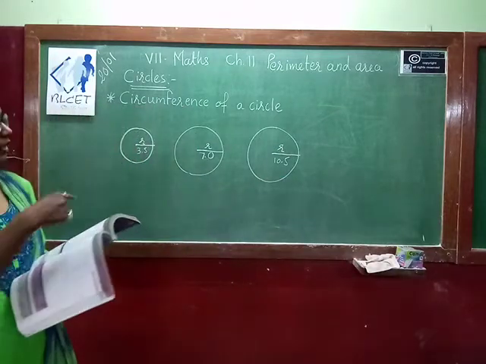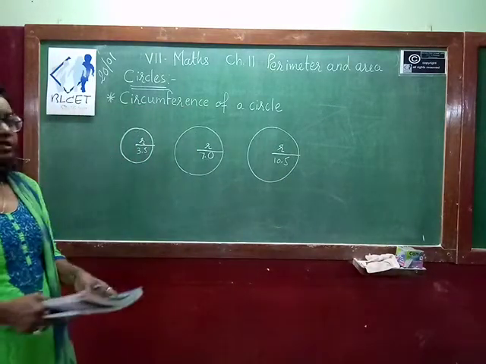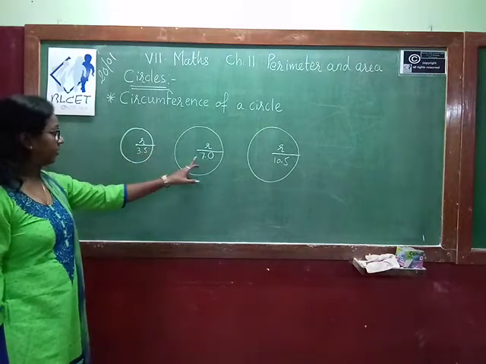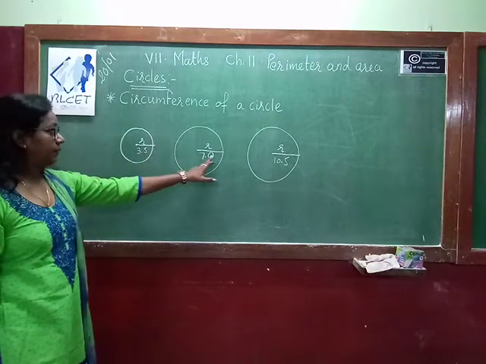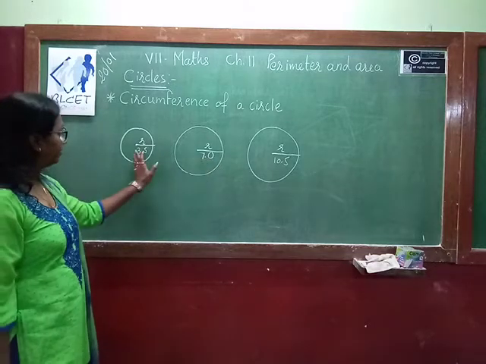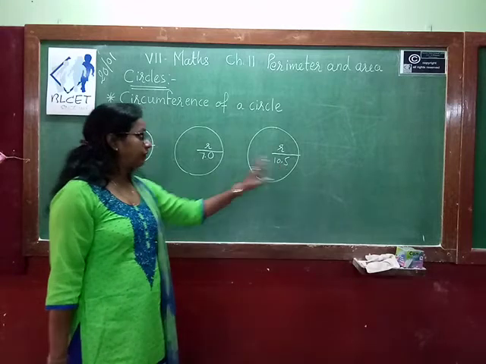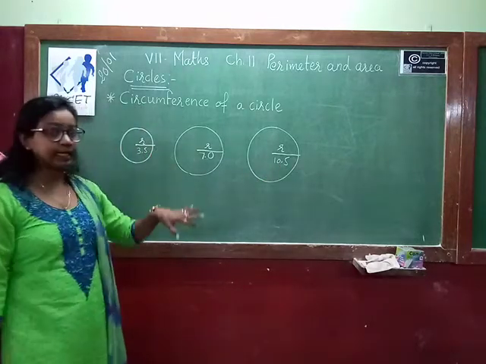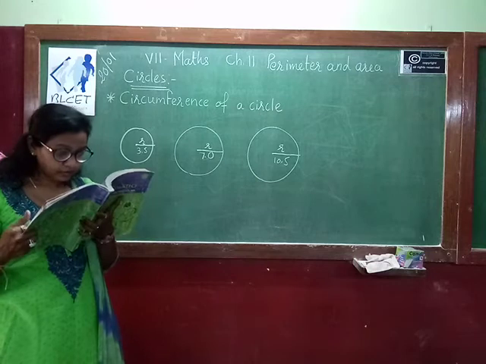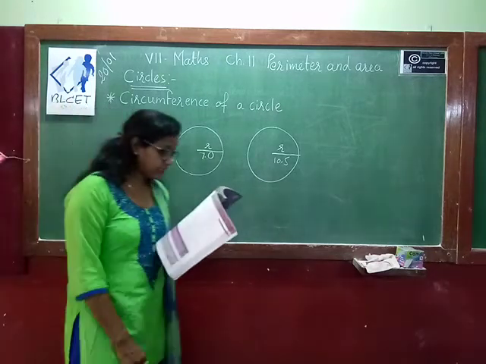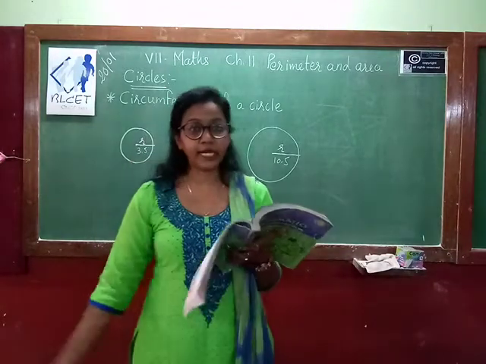This way you can draw the total 6 circles. 3.5, then double of that, 7.0, again 3.5 plus 7 you get 10.5. To this 10.5 add 3.5, so you are getting 14. Then you can draw the different radius, 21 centimeter, and so on.